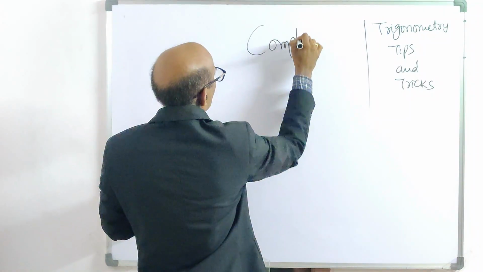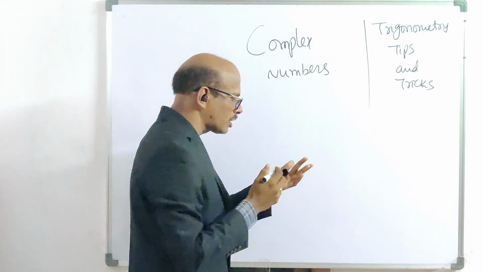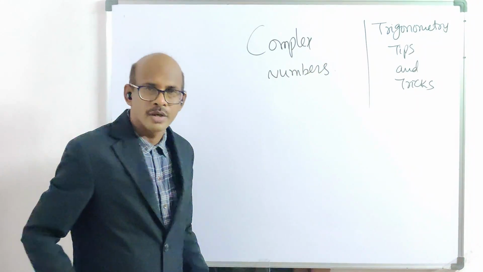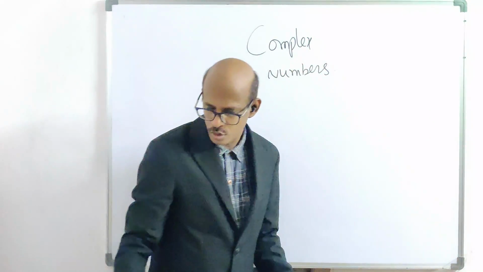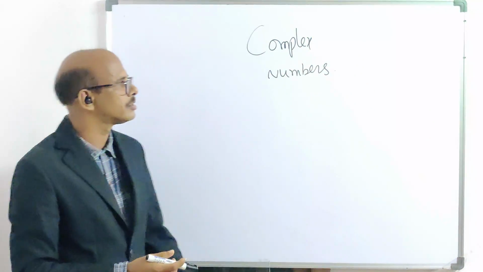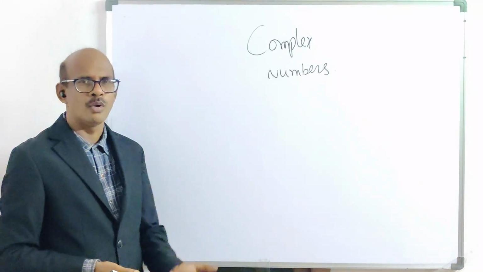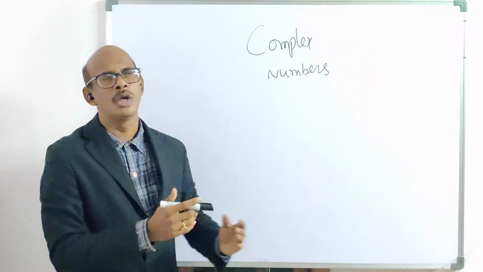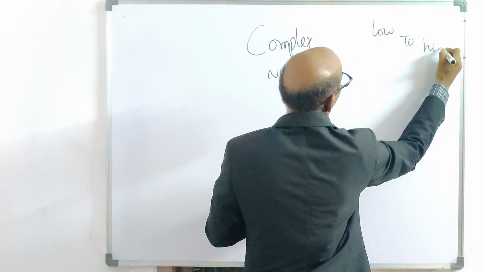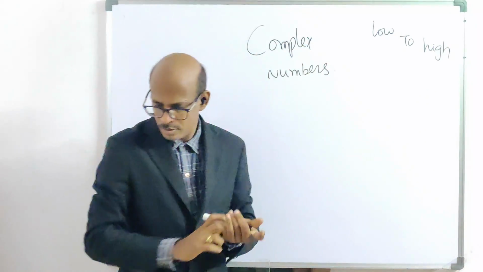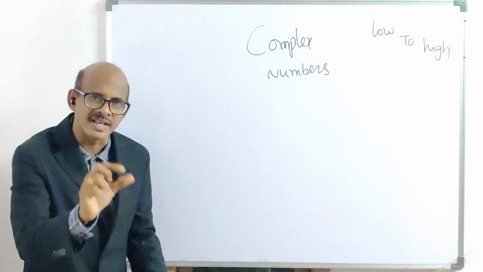the complex numbers chapter. The students feel it is difficult, but it is not that difficult. Try to catch this chapter from low level to high level. Here low means core concepts and basics.